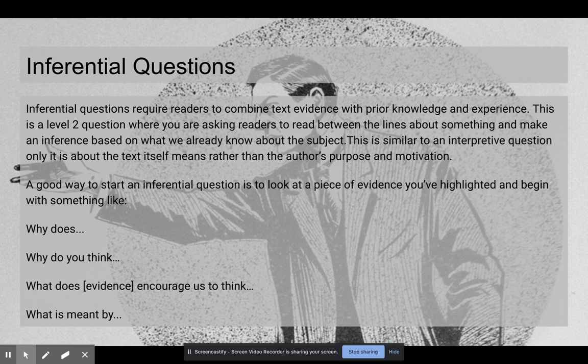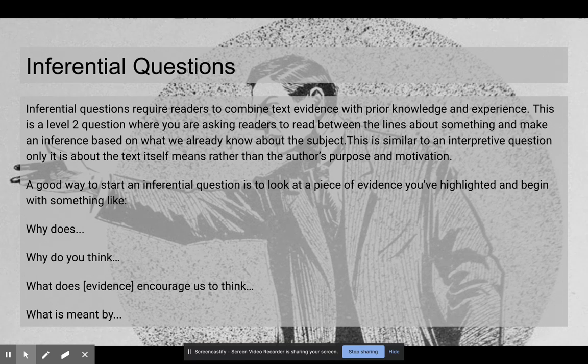So you can still work with why, but it has more to do with why is this evidence useful to the audience? What does this really mean when you read between the lines? But in any way, what you want to do here is ask an inference about the text itself, word choice, anecdote choice.